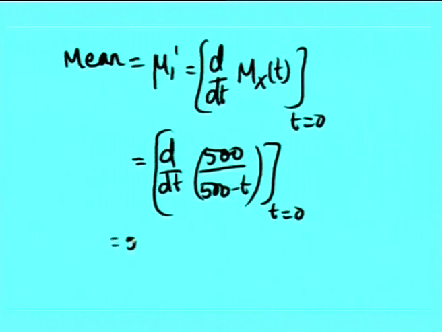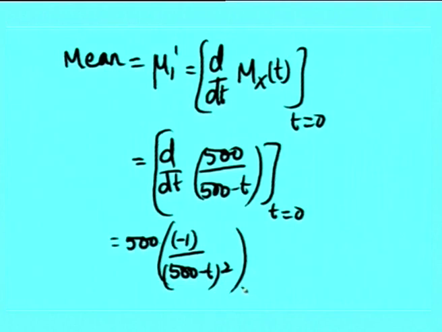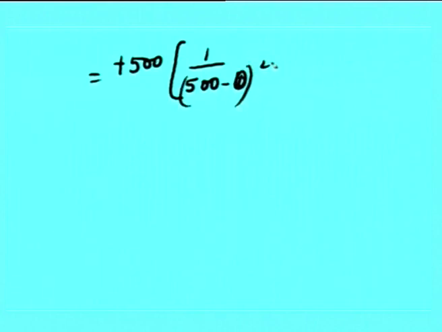Differentiating this, 500 into minus 1 by (500 minus t) whole square, within the limits t is equal to 0, into minus 1 because of the differentiation of 500 minus t. So, this is 500 by (500 minus 0) whole square, and the answer is 1 by 500. This is your mean.